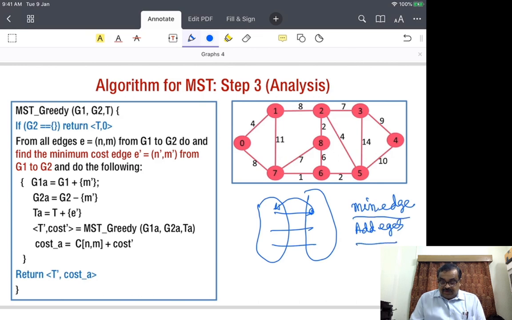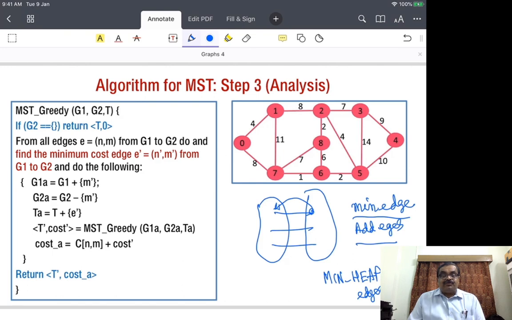So what if we create a min heap of edges? Then we have to insert edges and delete the minimum cost edge. And each edge will be inserted only once because it is an edge from one side to another.